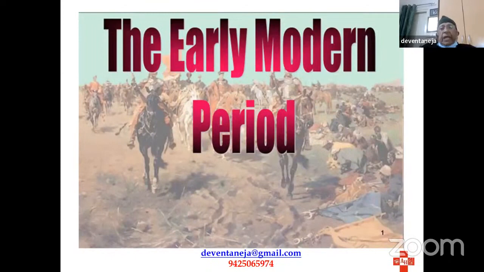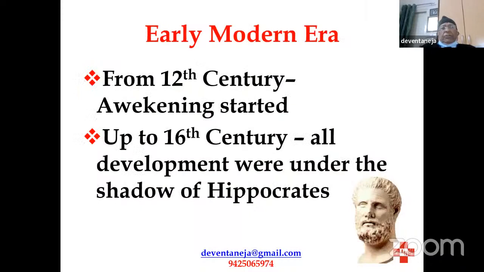The early modern period again saw lots of war, and from the 12th century onward, the awakening started, as we said, and up to the 16th century, all the developments were under the shadow of Hippocrates.